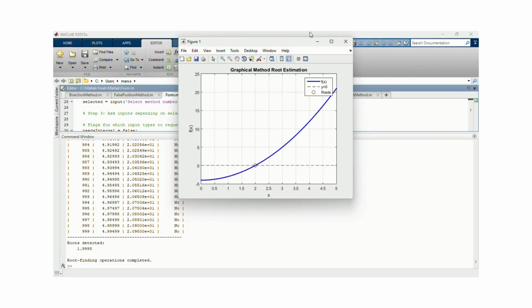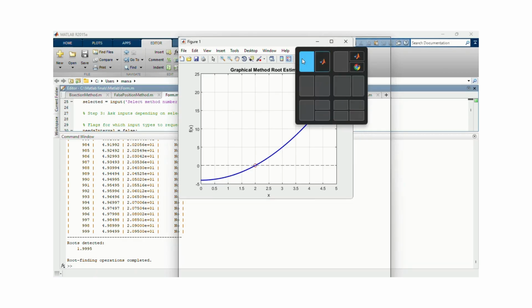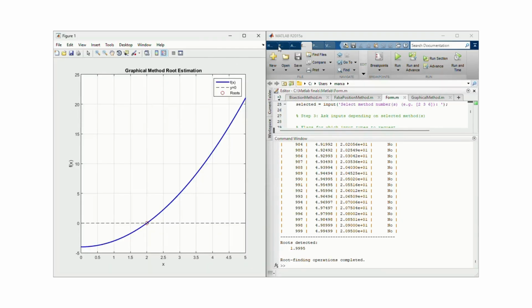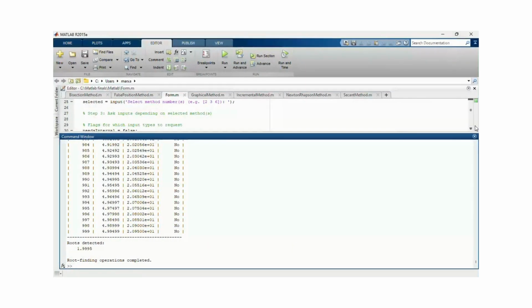As you can see, it displays the root of the graphical method. And the root detected here is 1.9995.